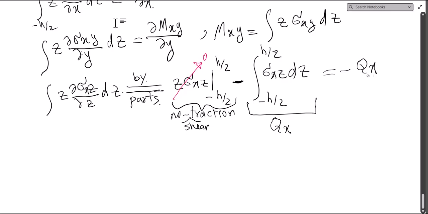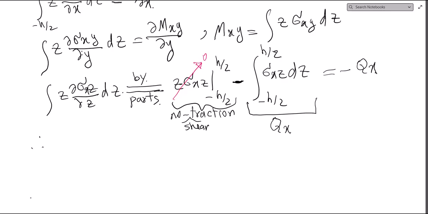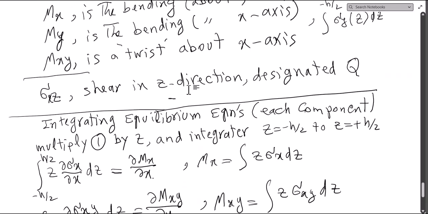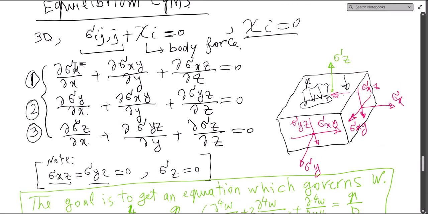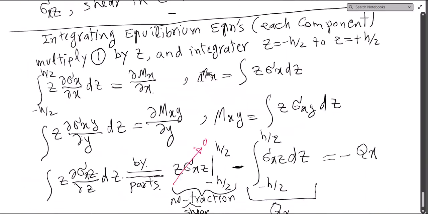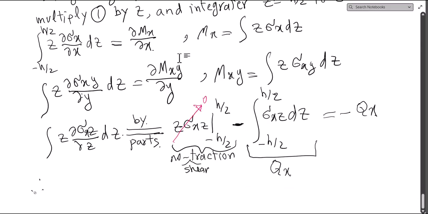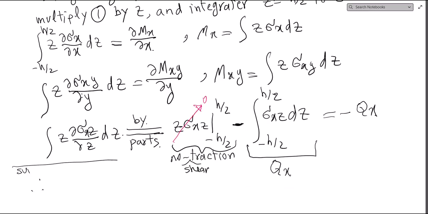Now, therefore, I can say that if you sum up all of these expressions that we have here, according to the first equation, this will give me dmx/dx plus dmxy/dy minus qx equal to 0.